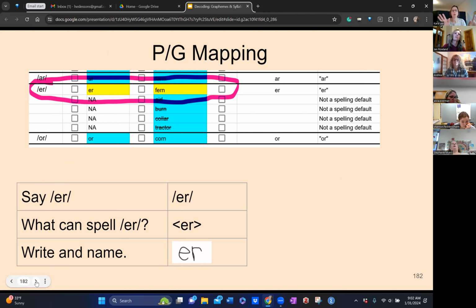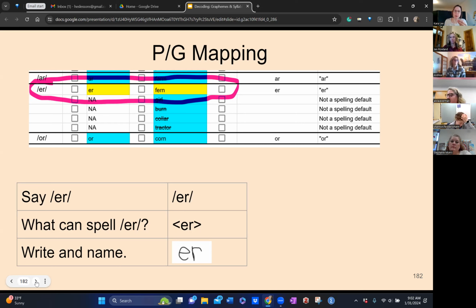Now, we all know that there's more than one way to spell it. There's IR, there's ER. I'm sorry, there's UR and IR. There's also AR and OR that can actually spell it, but in a stressed base element, the default spelling is going to be ER.